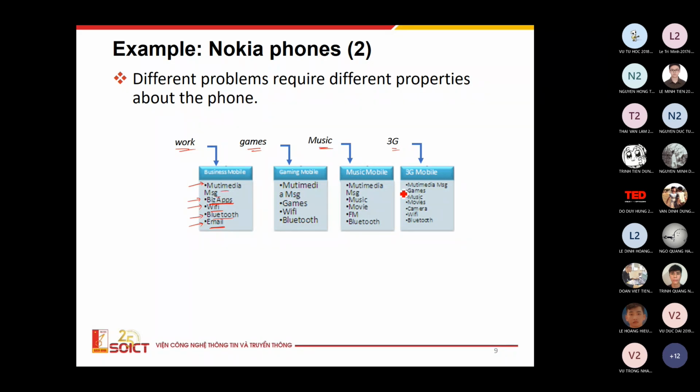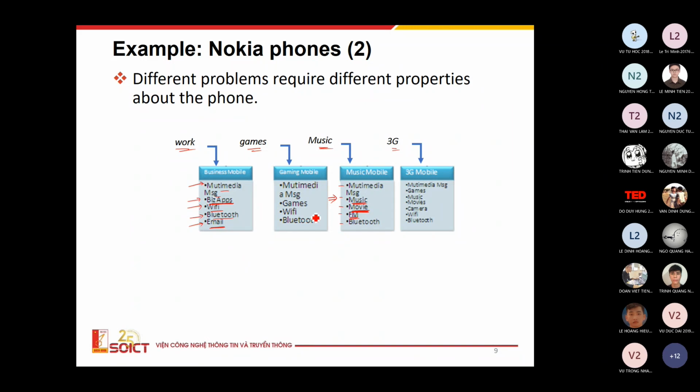Differently, for example, when you want to describe this phone, the same phone, but in a music problem, maybe there will be a different property. For example, your phone can be used to watch movies, to listen to music, or to listen to the FM.